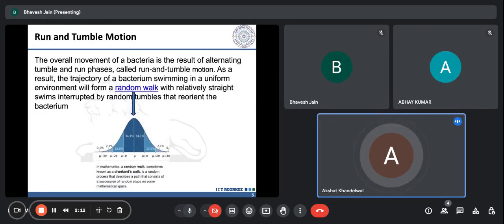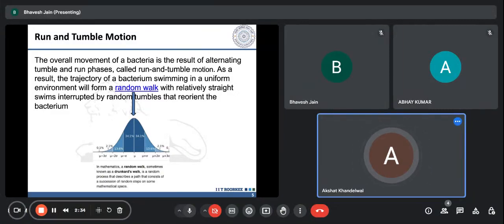The major part of this simulation is run and tumble motion, and the overall movement of bacteria is divided into two parts. First is run, which is a straight line motion of the bacteria, and then the tumble, which is a reorientation of the bacteria in its particular position.